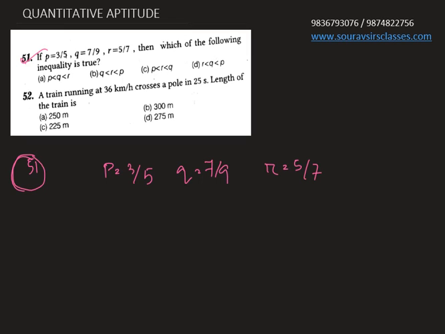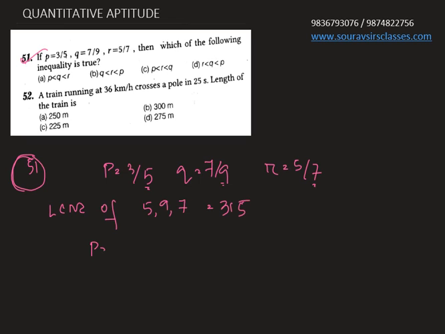Now first of all we have to evaluate the LCM of the numbers in the denominator, that means 5, 9 and 7. The LCM of 5, 9 and 7 is 315.